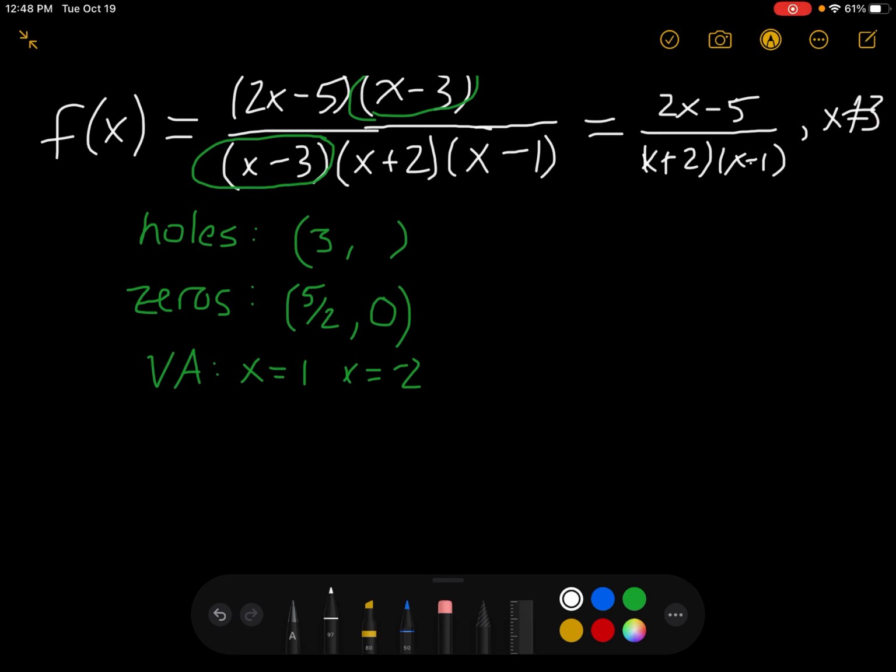Because at x equals 3, one of them has a hole and the other one doesn't. But the beauty is, since this one does not have a hole at x equals 3, I can just plug 3 into it, and that tells me where the hole is on the other one. When I plug 3 in, I get 6 minus 5 on top, divided by 5 times 2, since 3 minus 1 is 2. So I get 1/10 as the y value of the hole.